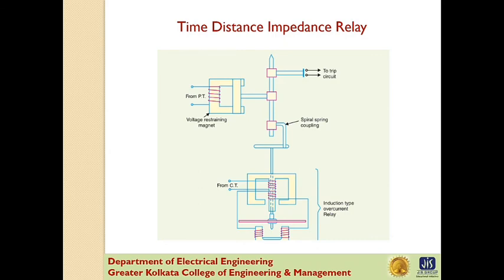Also, the time of operation of the relay is directly proportional to the pull of the voltage excited magnet and hence to the line voltage V at the point where the relay is connected. Therefore, the time of operation of the relay would vary as V by I, that is Z or distance.